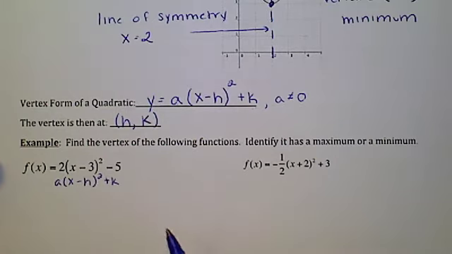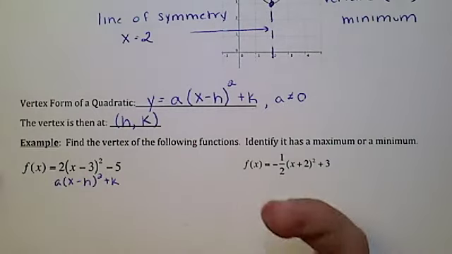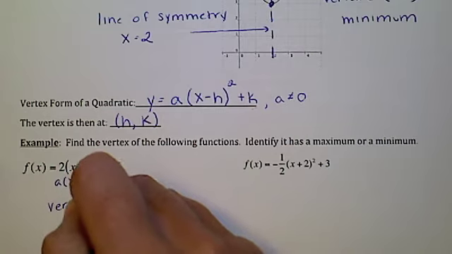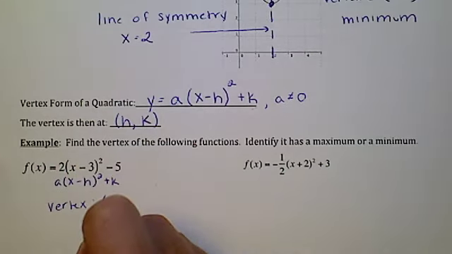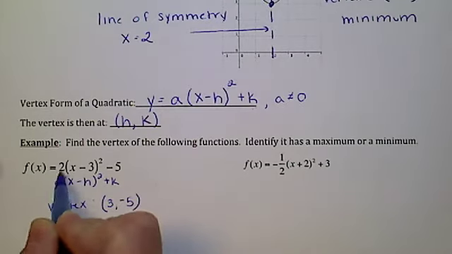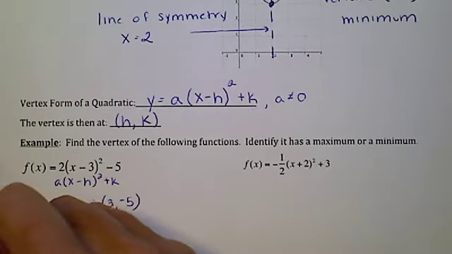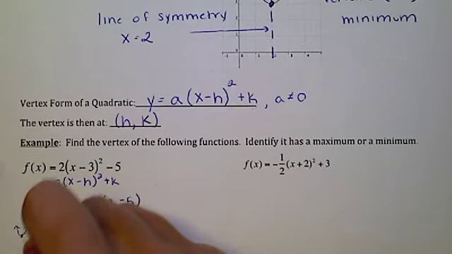Okay, so this 2 in front, that's important, but it doesn't tell me where the vertex is. It's the h and the k that tell me where the vertex is. The vertex is going to be at 3, -5. The a, the 2 in front, because it's positive, that tells me that this parabola opens up, like that. So my vertex is going to be a minimum.